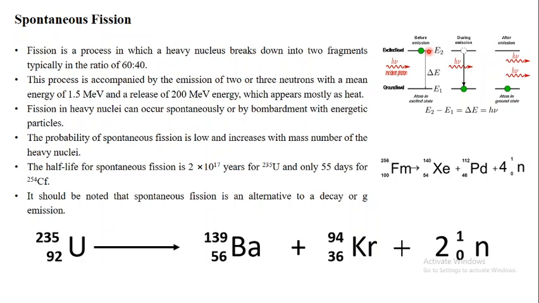So it tries to hold all the nucleons, but due to destabilization from the heavy nucleus, it undergoes spontaneous fission. After undergoing spontaneous fission, it emits energy and the system appears in the ground state. So the energy of the system is reduced, and in this way the atomic nucleus becomes stabilized by the fragmentation process. Okay.